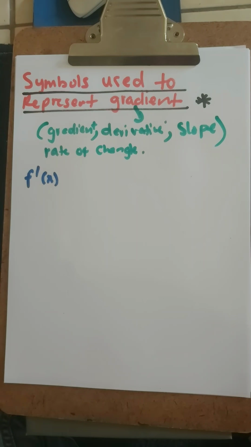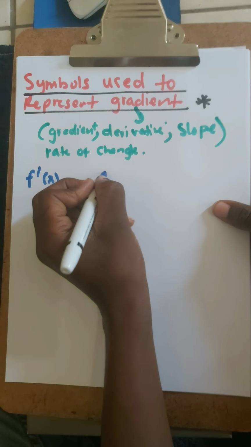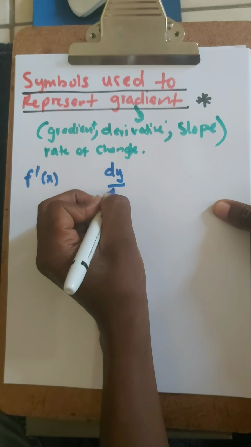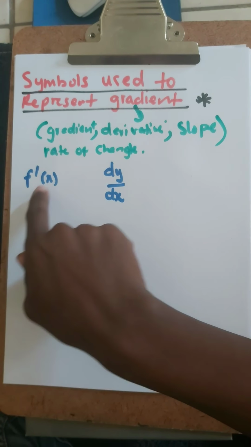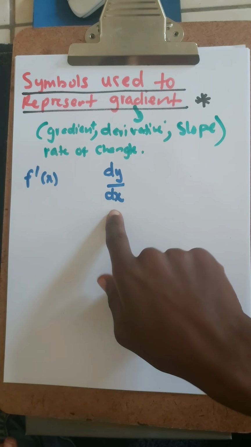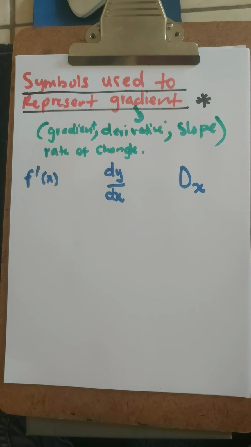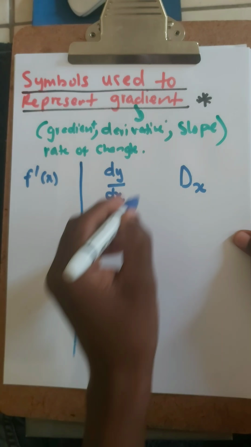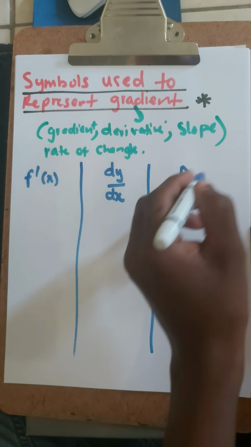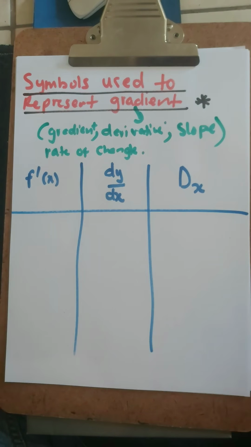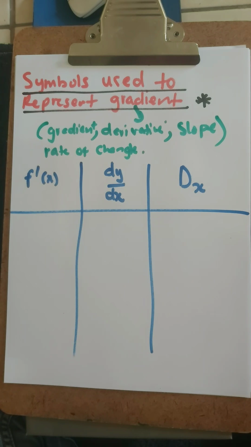Another symbol that I can use is dy over dx. It's the same thing, it represents the gradient. It's just in different forms.